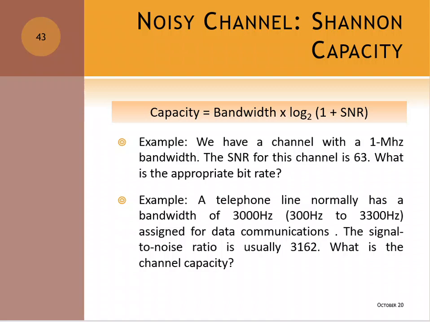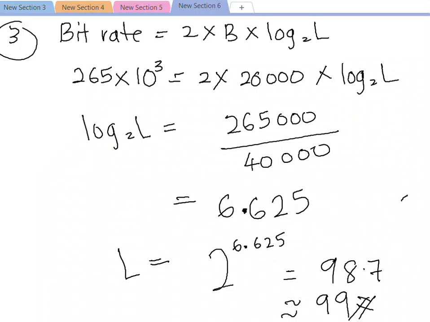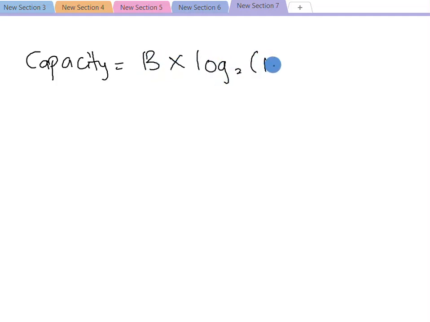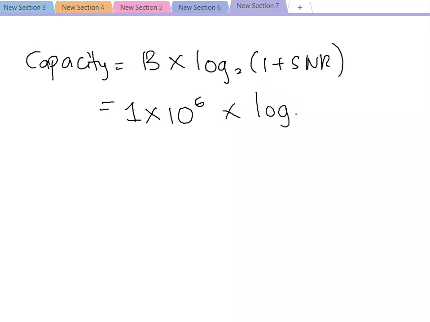Okay, so try this one. So formula, apply the formula. So capacity equal to bandwidth times log 2 (1 plus SNR). So given the bandwidth is 1 mega, so mega is 10 to the power of 6. Okay, log 2 (1 plus 63).